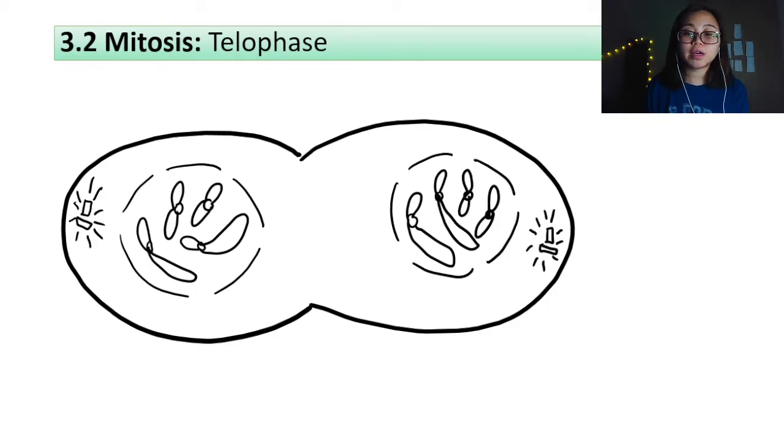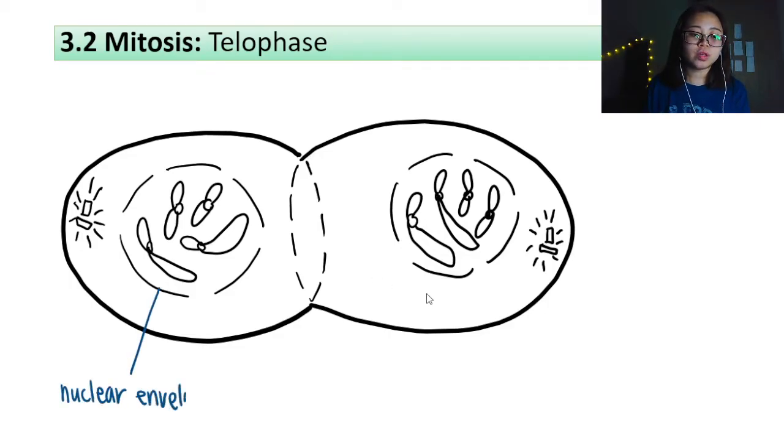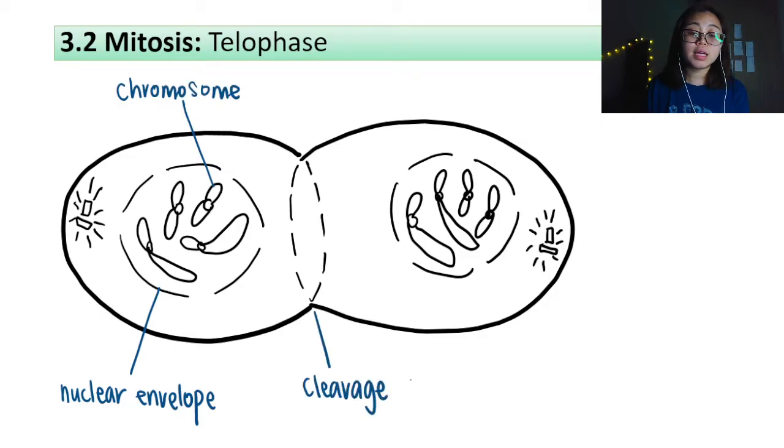Tapi tidak payah sudah spindle fiber yang panjang. Dan untuk animal cell, saya lukis sedia contractile ring. Nanti kita akan cakap pasal itu. Now I label nuclear envelope, chromosome. Ini adalah cleavage furrow.